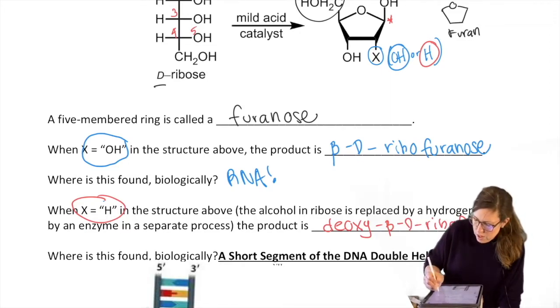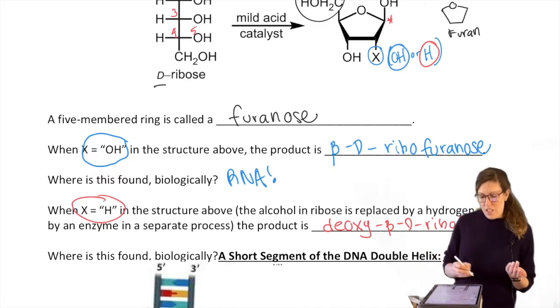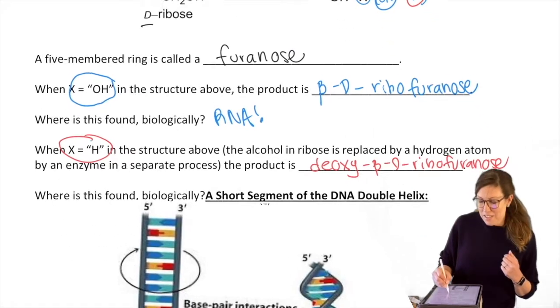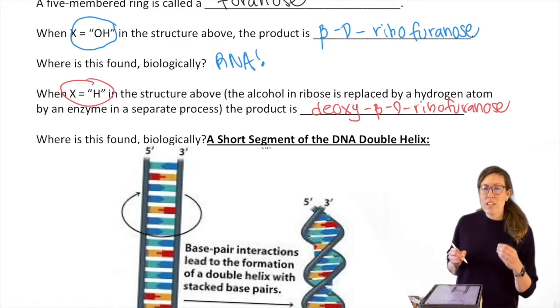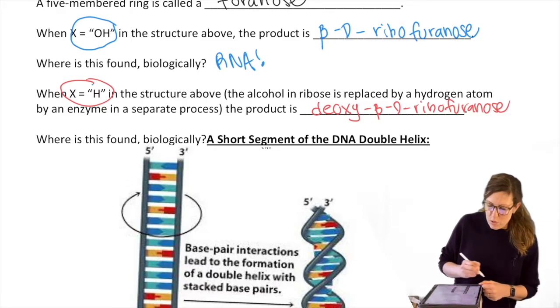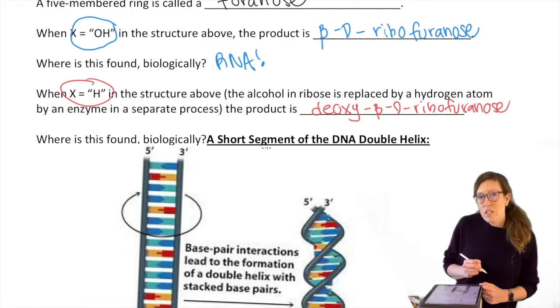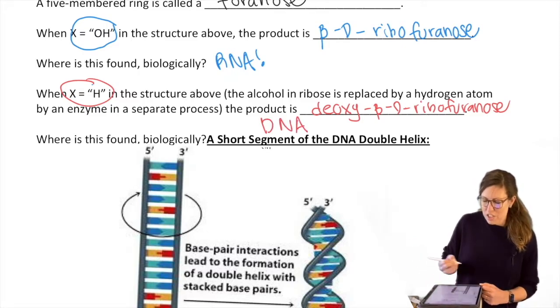Ribofuranose. So you've taken ribofuranose and you've deoxygenated it. This has actually happened enzymatically, where an enzyme has replaced the OH with an H, so the ribofuranose is missing an oxygen there. Deoxyribonucleic acid, right, is where we find this biologically.